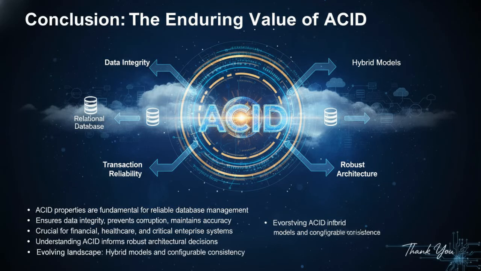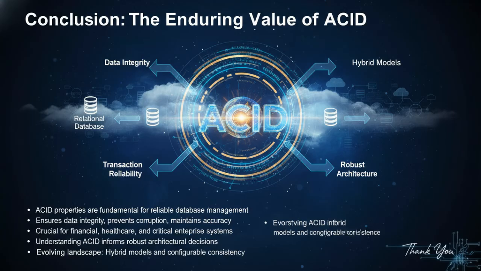While the evolving landscape of database technologies, especially with the rise of NoSQL and distributed systems, has introduced alternative consistency models like BASE, the fundamental principles of ACID remain incredibly relevant. For applications where data accuracy, transaction reliability, and strict integrity are non-negotiable, such as financial services, healthcare, and critical enterprise systems, ACID-compliant databases are still the preferred choice.